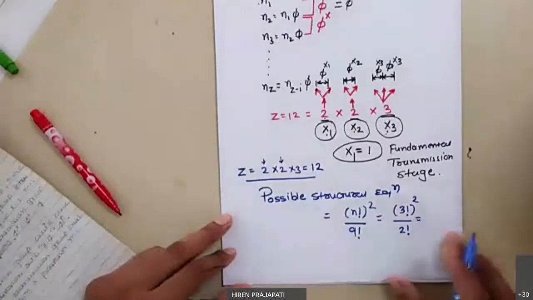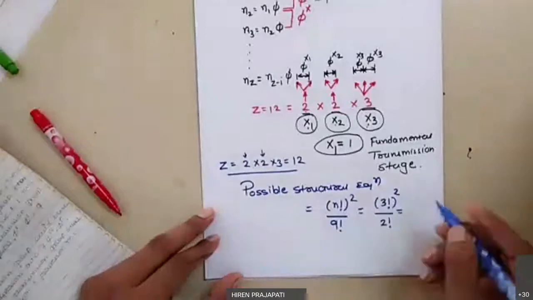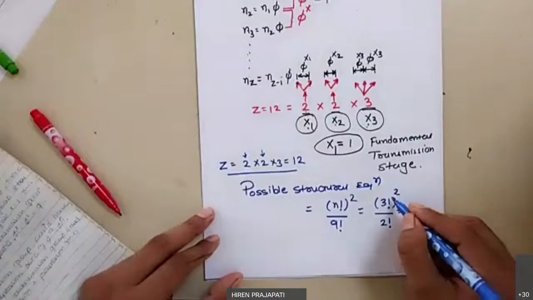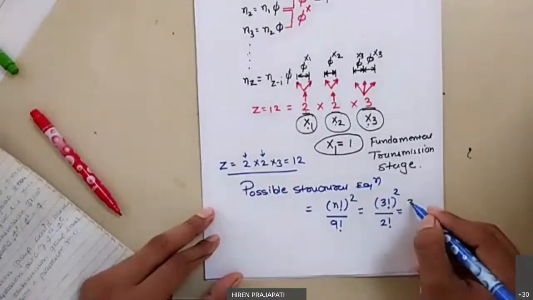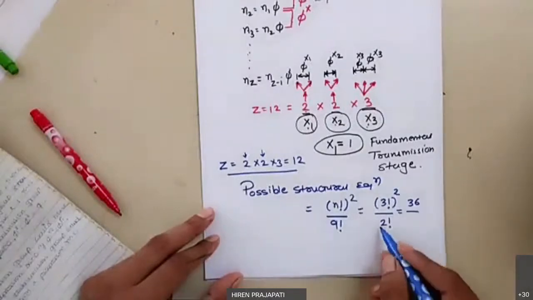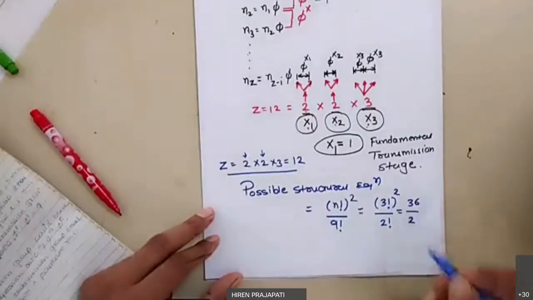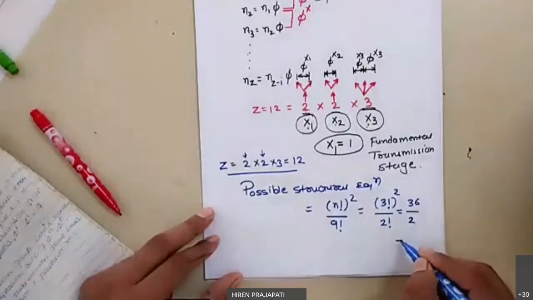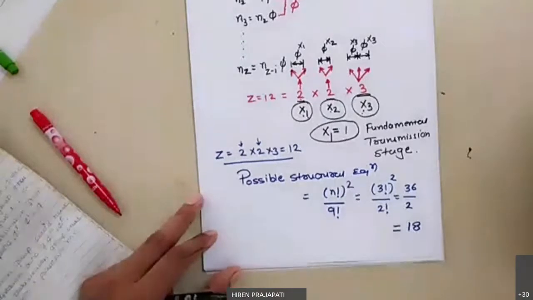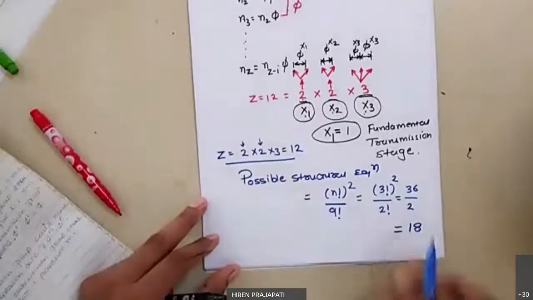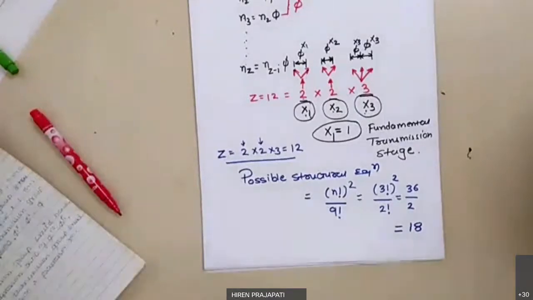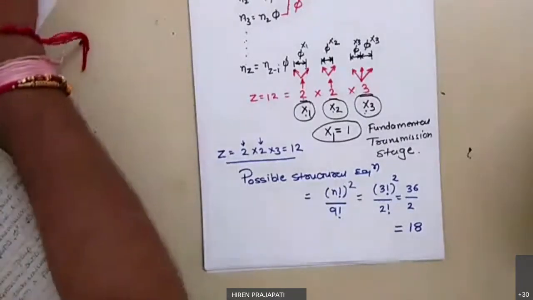Then what are the possible solutions? 3 into 2, 6, 6 squared, 36, divided by 2. Then the total possible structural equations are 18 actually, right? So what are those possible structural equations?